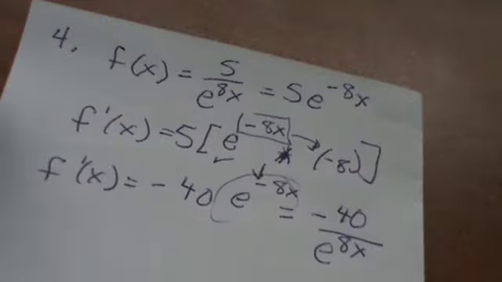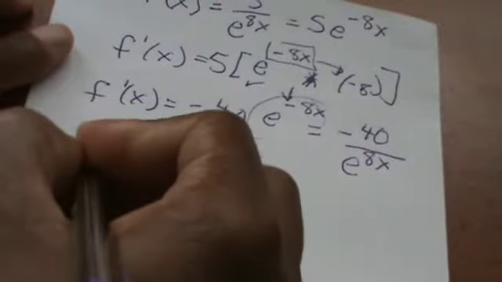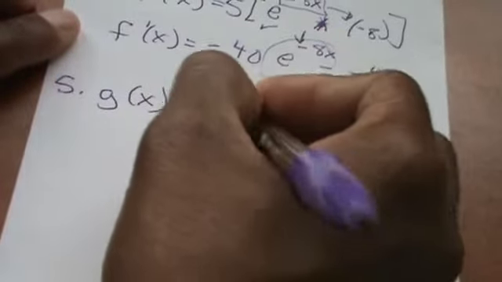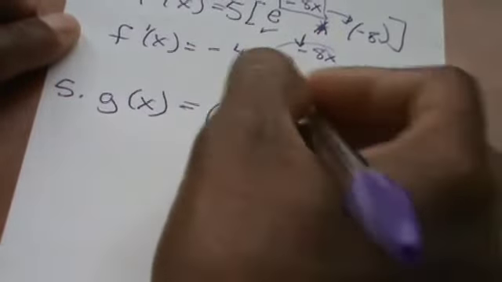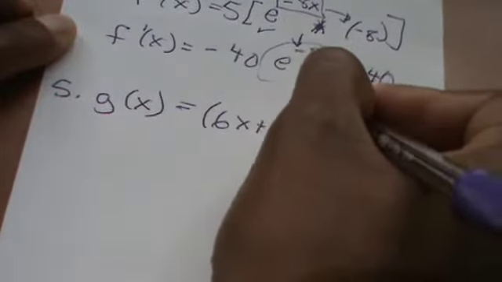Alright, so you guys have one more problem that I'm going to do. And that is g of x equals 6x plus e to the 4x cubed, raised to the 5th power.